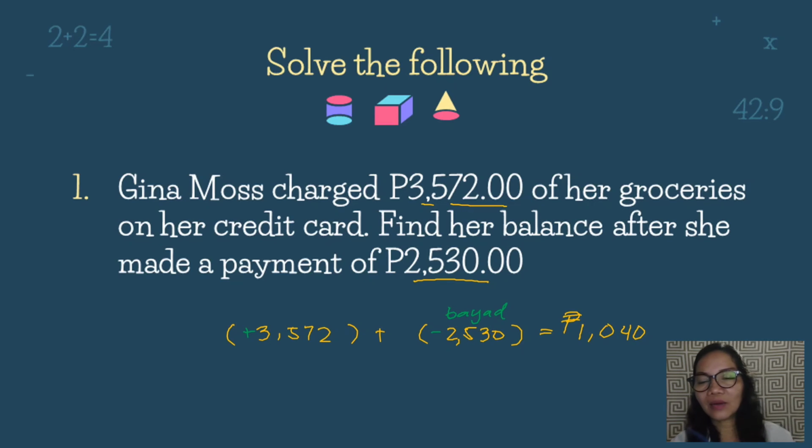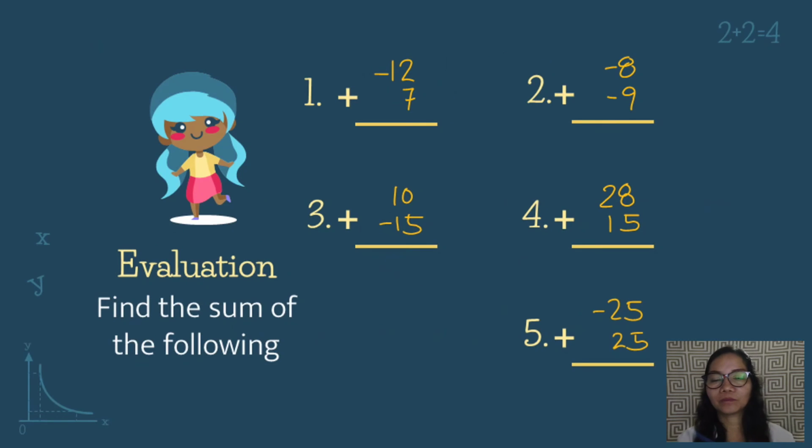So, let us now have a short quiz. Do you have any questions? This time, we will have a short quiz. Find the sum of the following. Get a piece of paper, then answer numbers 1 to 5. I'll give you 5 minutes to answer that.